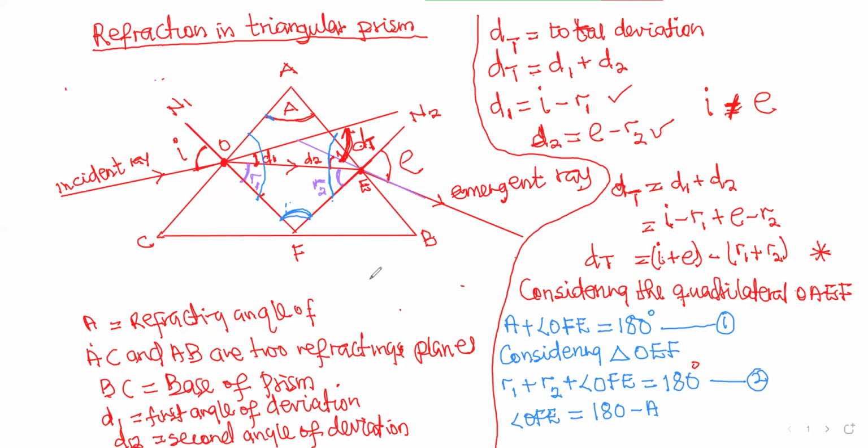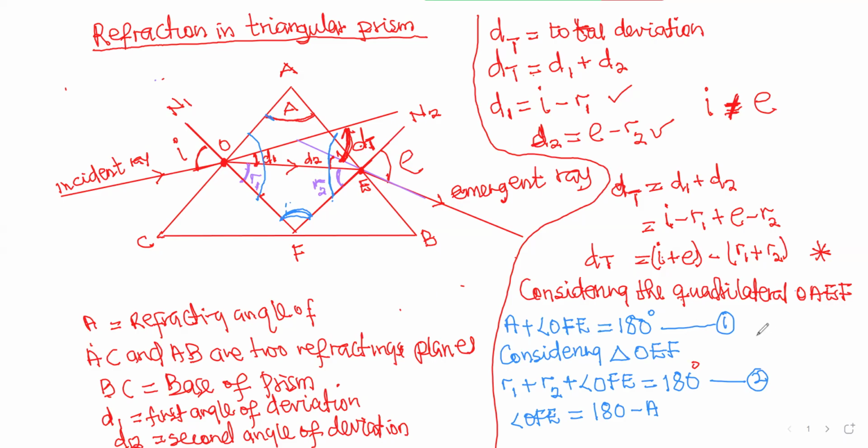All right. So consider the quadrilateral, and when you finish, consider the triangle OEF. Sum of angles in a triangle is 180. So equation 1 is for the quadrilateral, and this is for the triangle. Then I asked that from equation 1, you make angle OFE the subject.